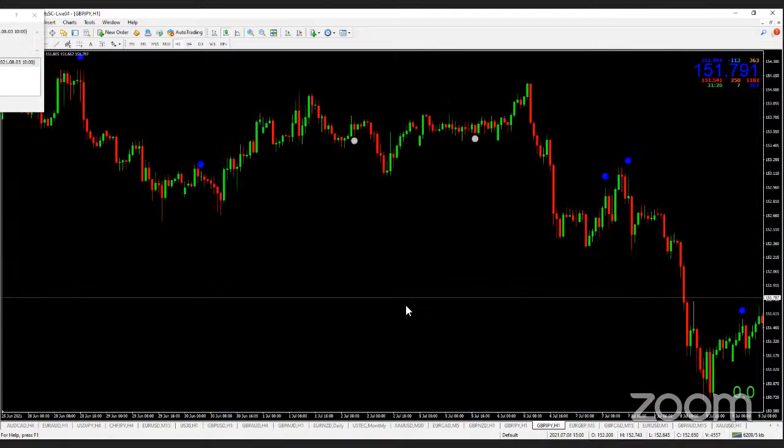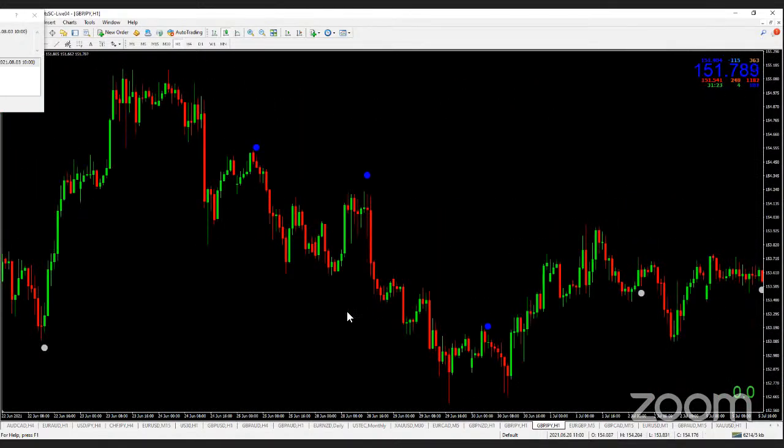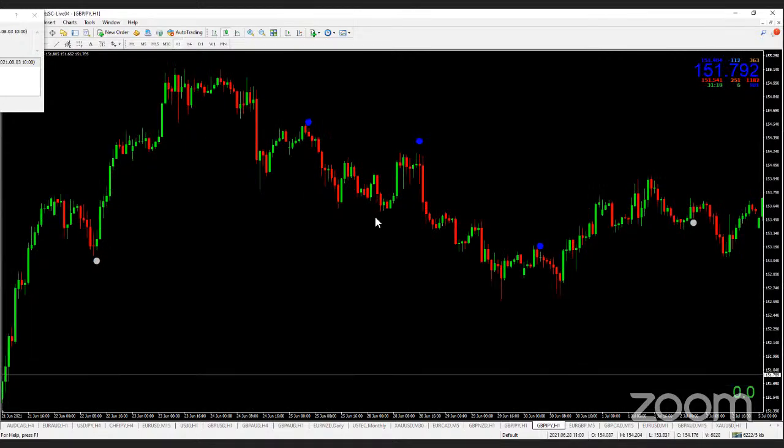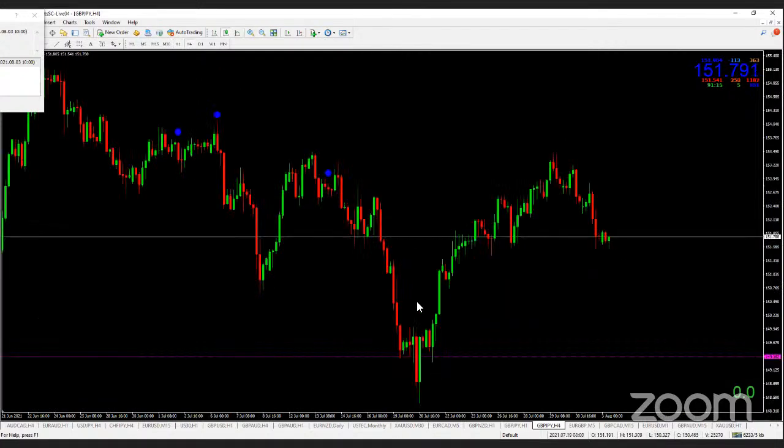Let me just quickly run through some examples. This is the 1 hour time frame on GJ. Obviously, you can use it on higher time frames as well. If you're a swing trader, after all, we do swing using harmonic patterns.